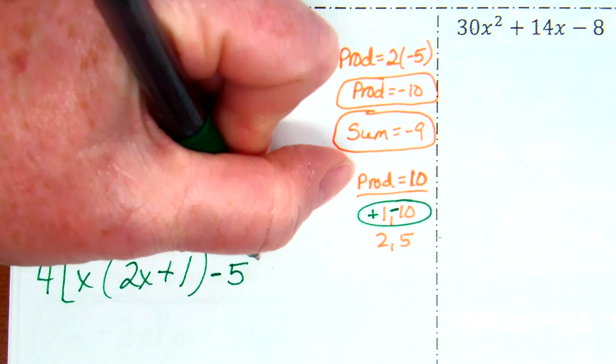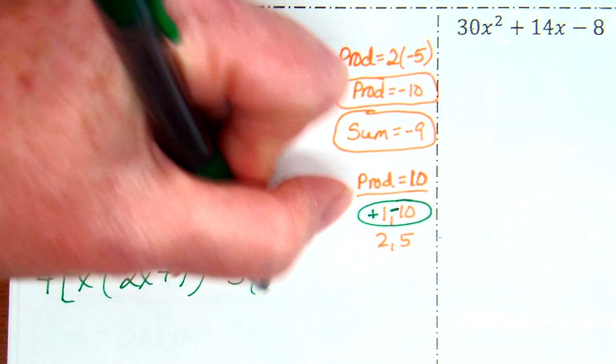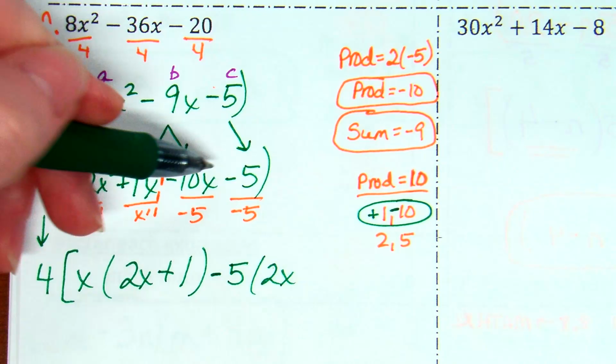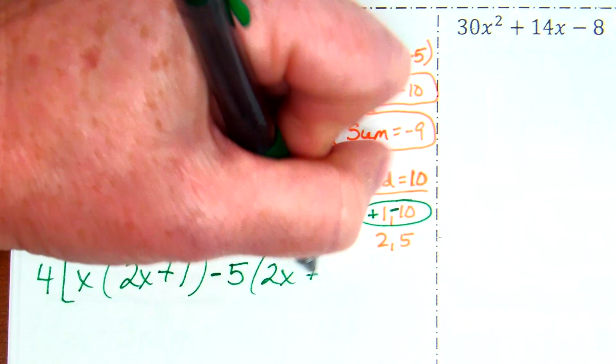Negative 10x divided by negative 5: a negative divided by negative makes it a positive 2x. Negative 5 divided by negative 5, positive 1. In parentheses in the bracket.